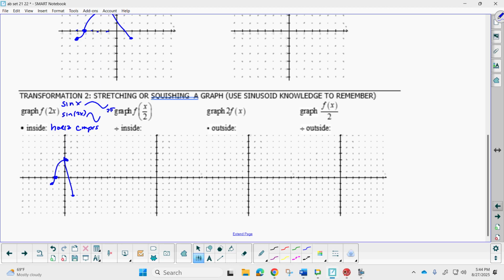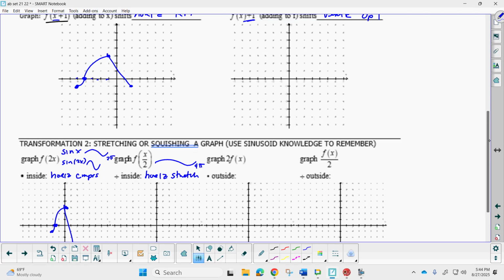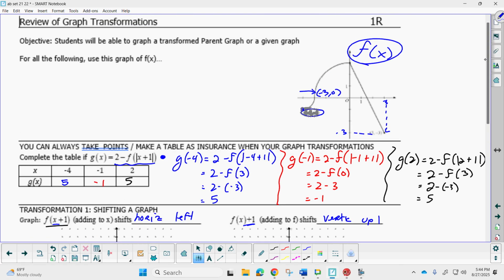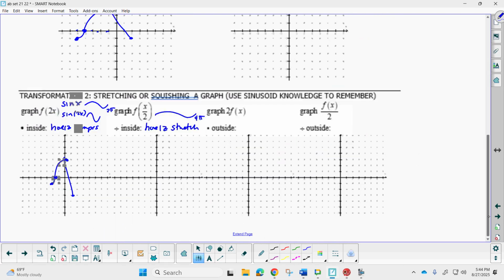It's an altogether horizontal compression. So by the same token, x over 2, like a sinusoid, would cause the wave to lengthen to 4 pi, dividing inside, or multiplying by something between 0 and 1, I suppose, is a horizontal stretch. Now I'm going to take the horizontal component, the x, and double it this time. So instead of -4, -1, I'll go to -8, -1, which might not even be on the graph.